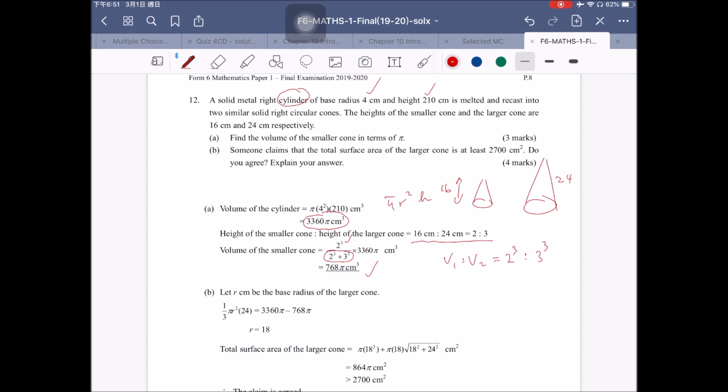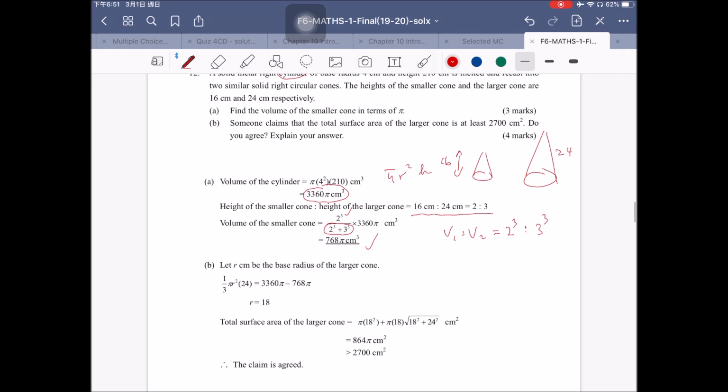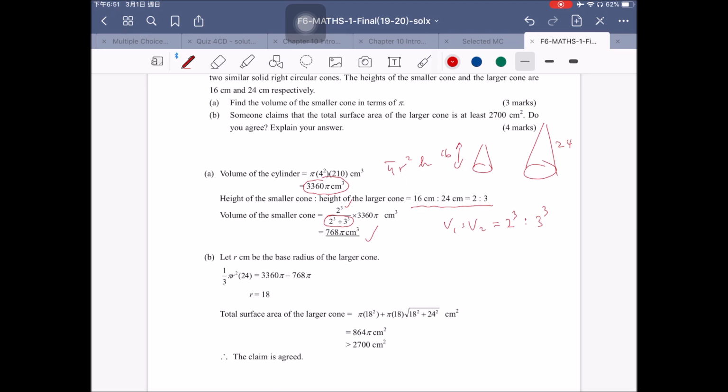And part B, the total surface area of the larger cone is at least 2,700 cm squared. Okay, so you know that you are going to find out the radius of the larger cone. The volume of the larger cone should be this one, the total minus the smaller one. So you find that r is 18.